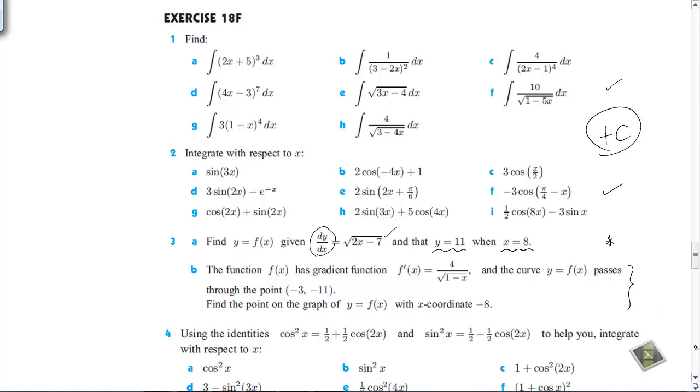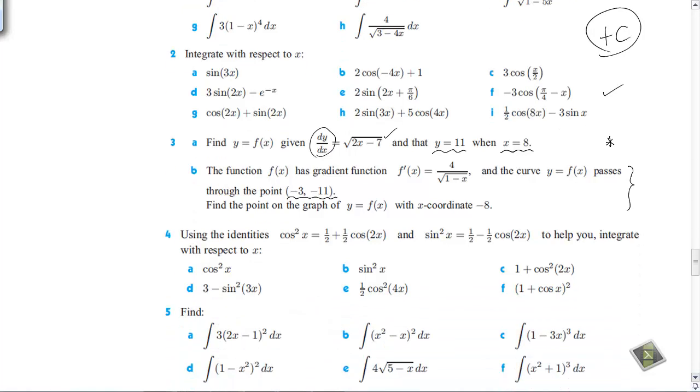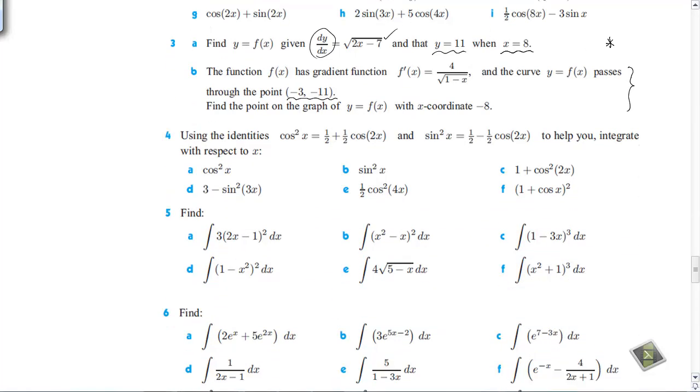So watch these little tricky ones. You might have to set up some equations here. Not just a derivative, but you'll also know it goes through that point on the original function. So have a look at that. All right, let's go down. Use the identities to help you integrate this. Well, there's the other one, the rearrangement of the 2 cos squared x take 1 in the cos 2x identities.